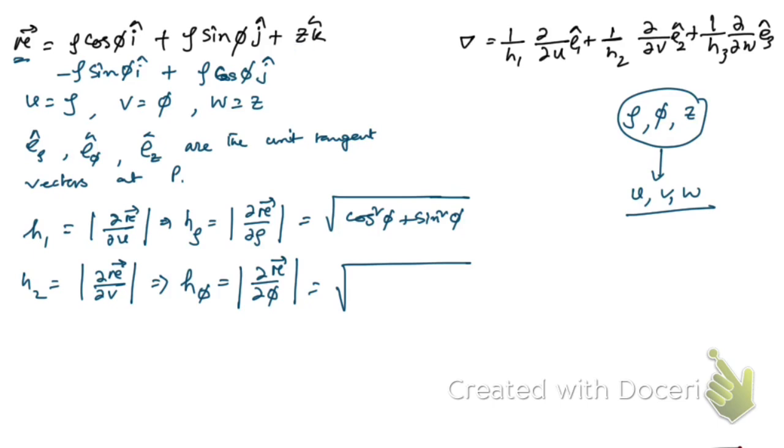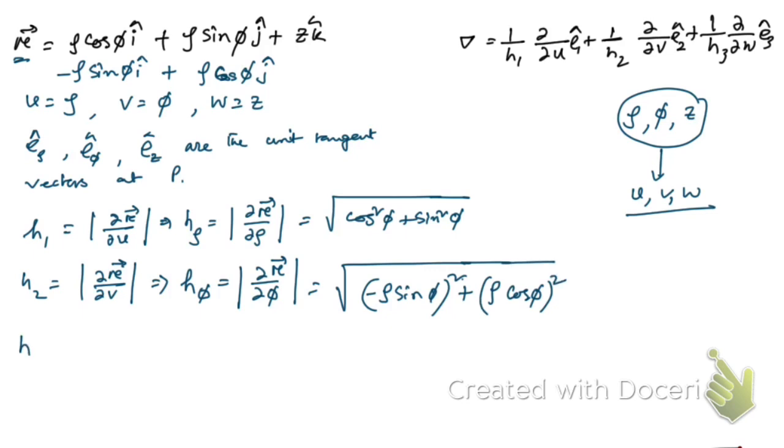So the magnitude is root of rho sin phi whole square plus rho cos phi whole square.